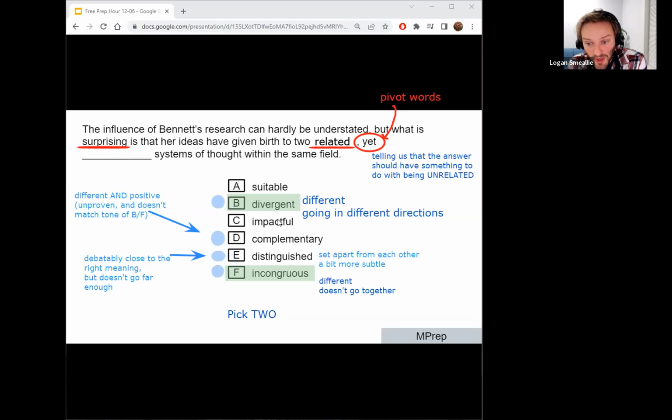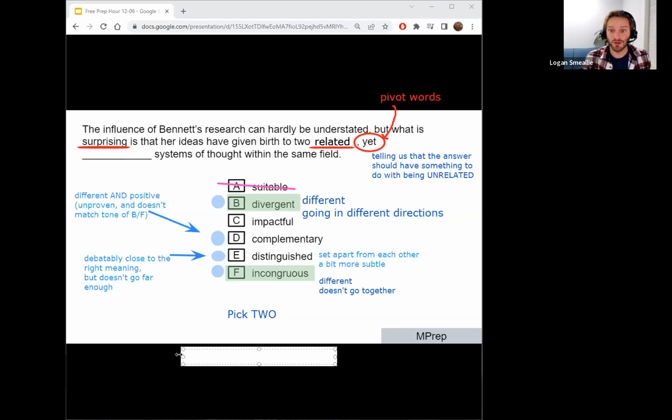And then we have impactful and suitable. Suitable, I would say, is the most completely out of these, where it just doesn't make that much sense. Suitable for what? But it's totally possible that these systems of thought were impactful, were complementary. They probably are distinguished from each other in some way. So it's a reminder of something that's generally true in GRE verbal.